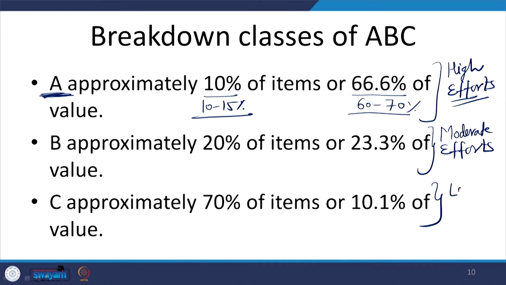So, low efforts. So, you will like to see your maximum application of scientific method of inventory management for A type of items, and you can go with very intuitive type of inventory management with C items. So, that is the purpose of ABC analysis.